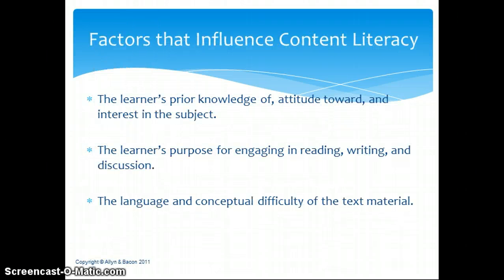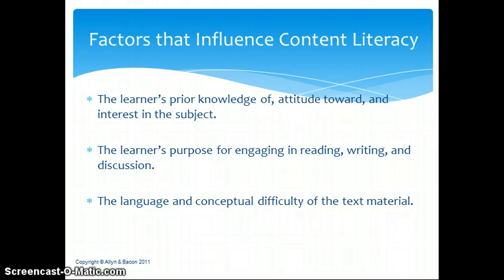All right, so there are some factors then that influence content literacy, right? So when we're talking about how students will learn to read, write, think, speak, and view like a scientist, mathematician, historian, etc., some of the factors that influence that are, let's say, the learner's prior knowledge of, attitude toward, and interest in the subject. So let's take science for an example.